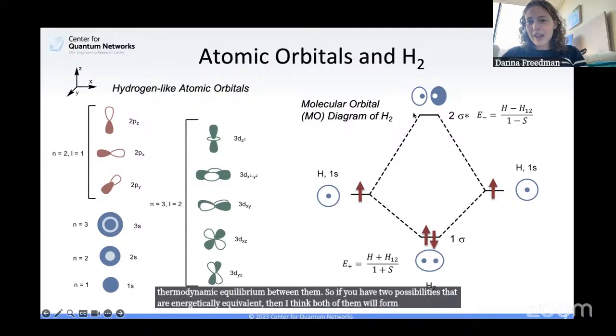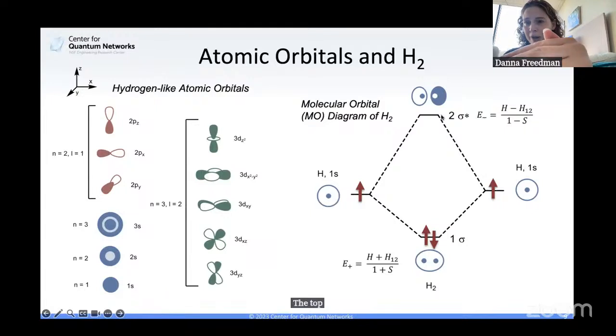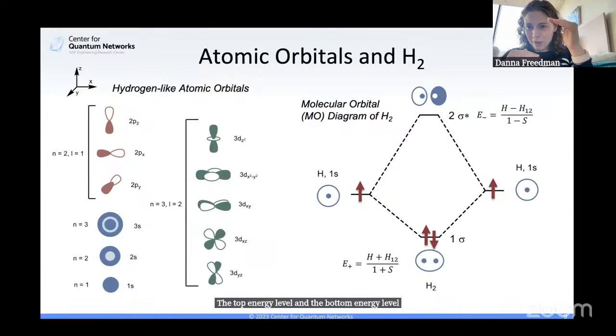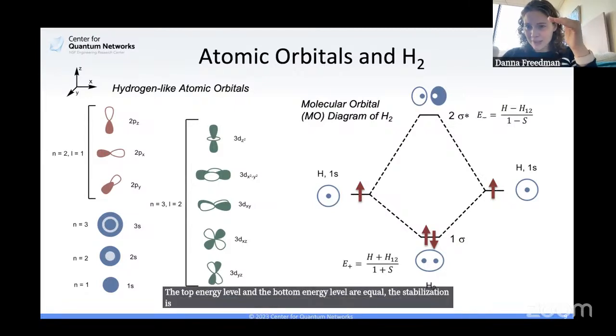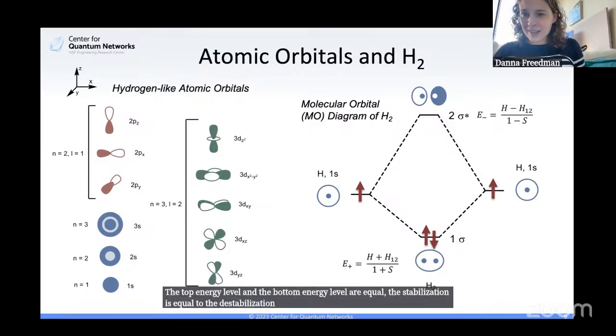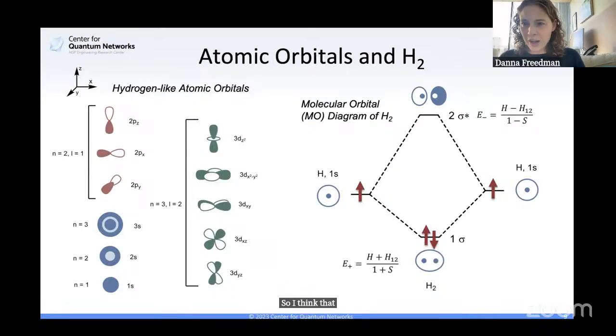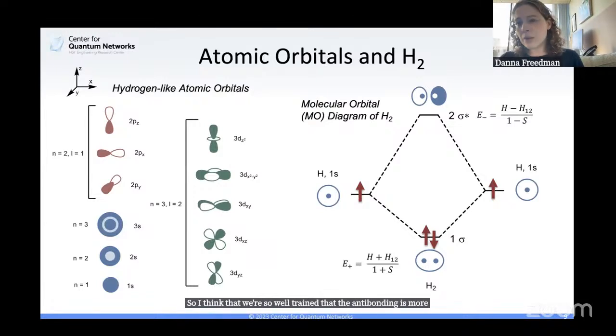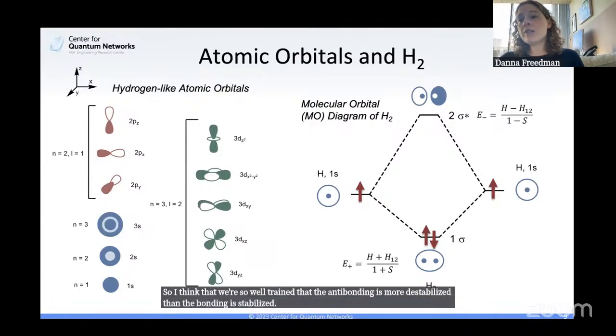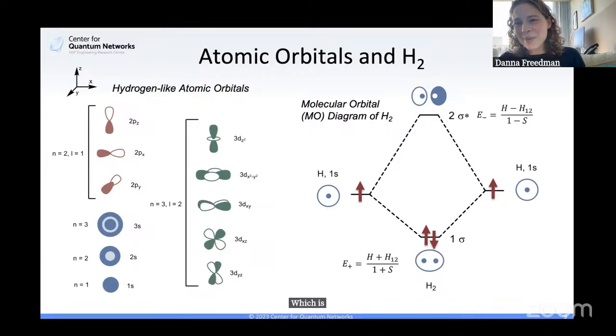Because if the top energy level and the bottom energy level are equal, the stabilization is equal to the destabilization, then some percent of the molecules will form. I think that we're so well trained that the anti-bonding is more destabilized than the bonding is stabilized, which is correct, that we forget what would happen if the energy levels were equivalent.